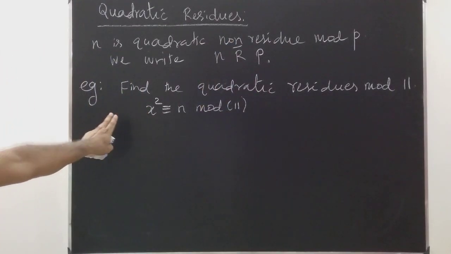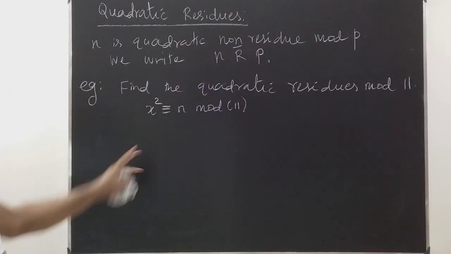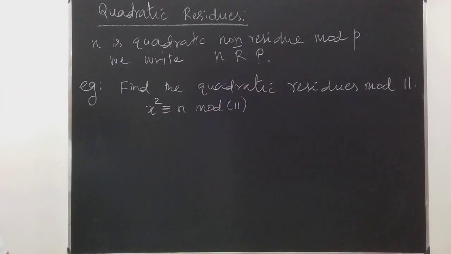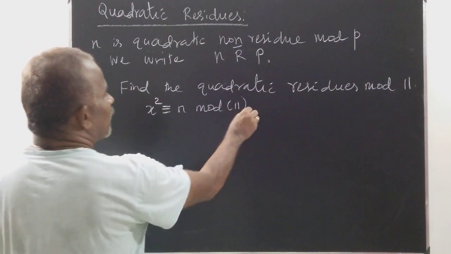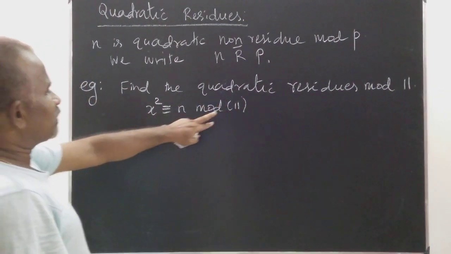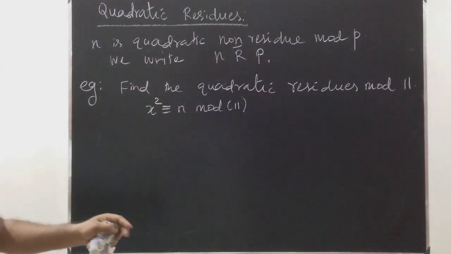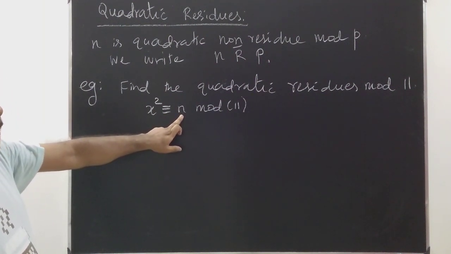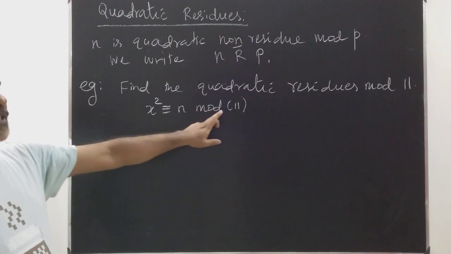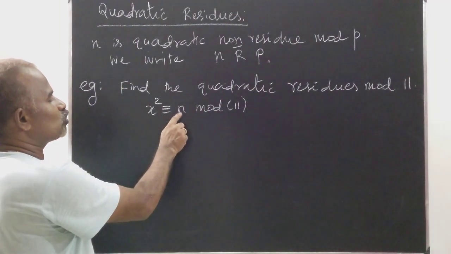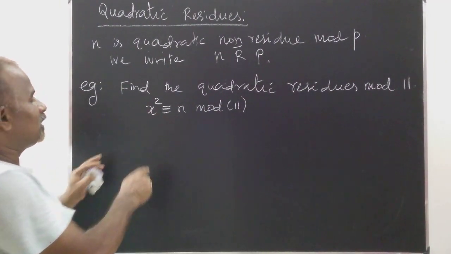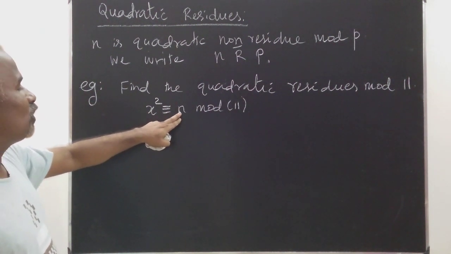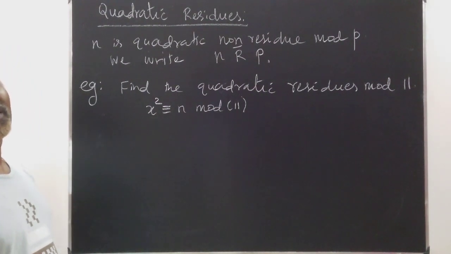The most important thing, now watch very carefully. Here p does not divide n. So whatever n is a square number, definitely it satisfies. Suppose n is equal to 1 squared. Let us take x equal to 1. 1 squared is congruent to 1 mod 11.